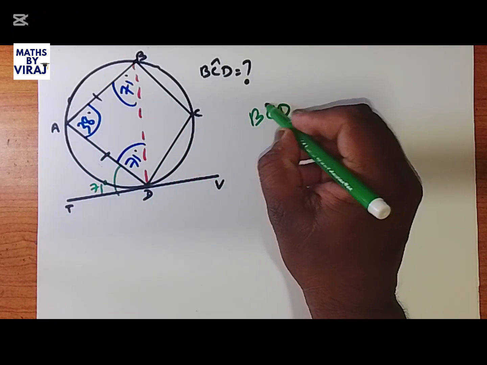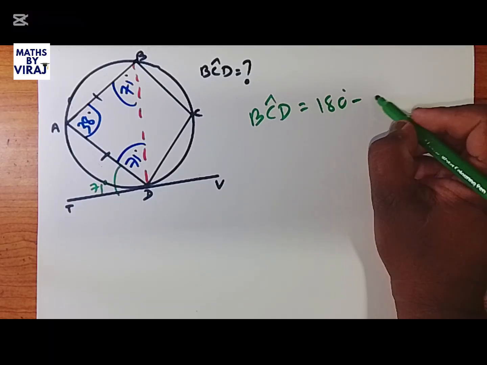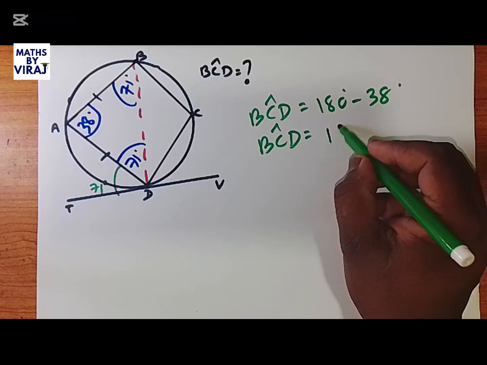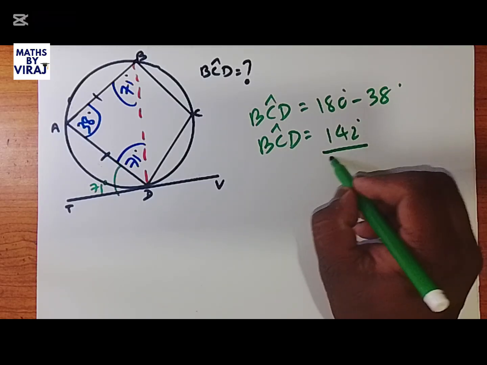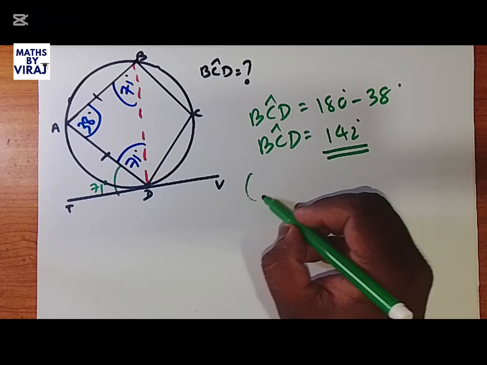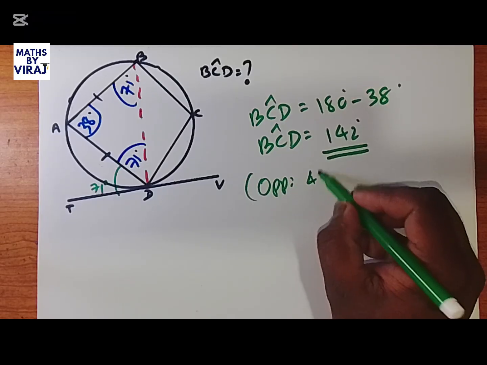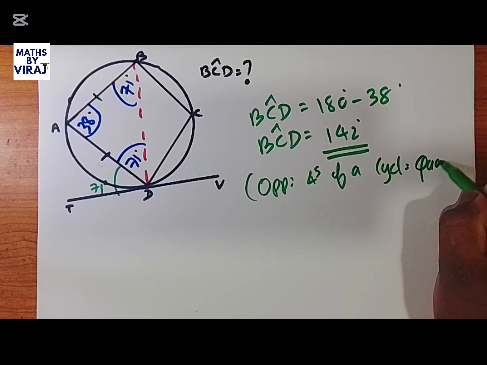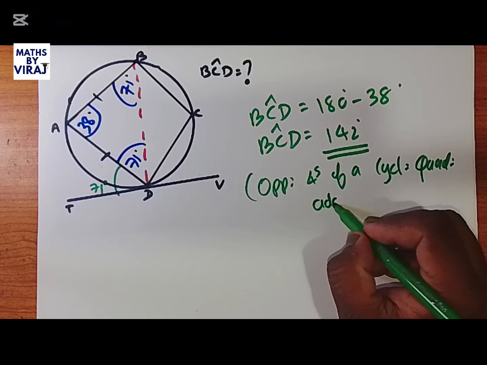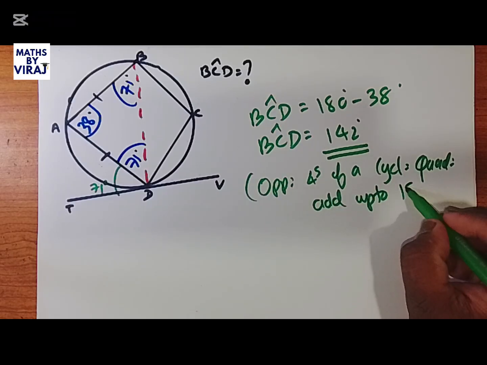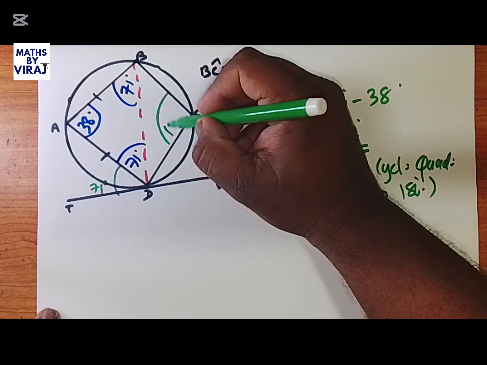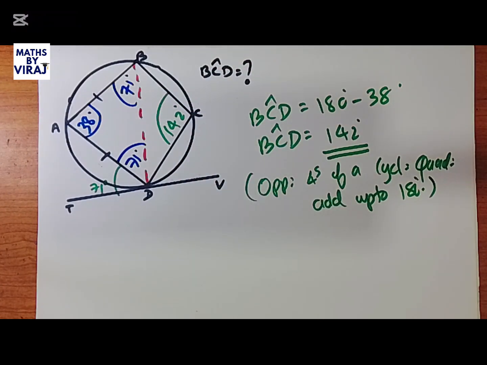Therefore, BCD is 180 minus 38. BCD is equal to 142. Final answer. The reason for this is opposite angles of a cyclic quadrilateral add up to 180 degrees. So we have finally calculated the value of BCD, which is 142.